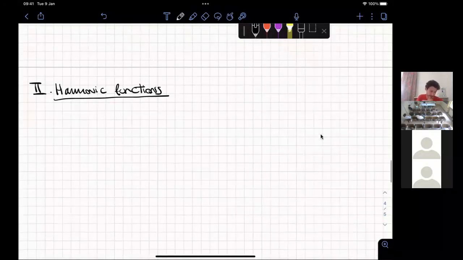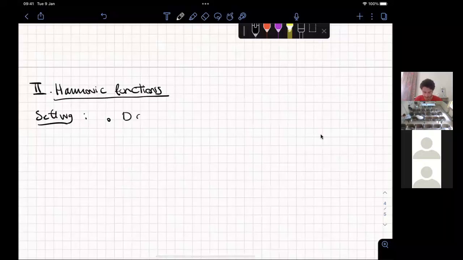So here we say that we will work in a domain D. When I say D is a domain, I mean a bounded, open, connected domain in R^d. Bounded, open, connected, usually.